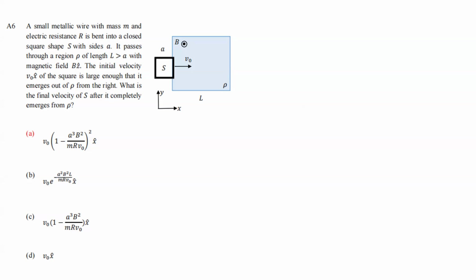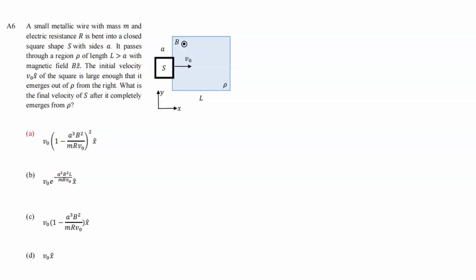If the initial velocity v0 x̂ of the square is large enough that it emerges out of ρ from the right, what is the final velocity of S after it completely emerges from ρ? So we need to calculate the final velocity after it completely emerges from ρ.